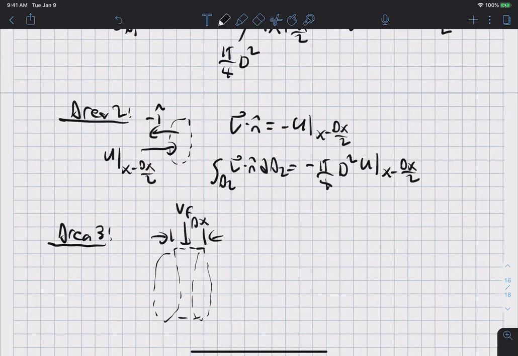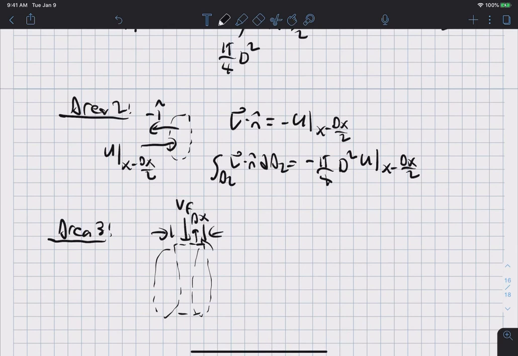I'm just going to call this n hat 3. And V3 equals minus Vf n hat 3, because Vf is going in the exact opposite direction of n hat 3, which implies that V3 dot n hat 3 equals minus Vf, and Vf is just the velocity of the fluid going into the pipe through the wall.